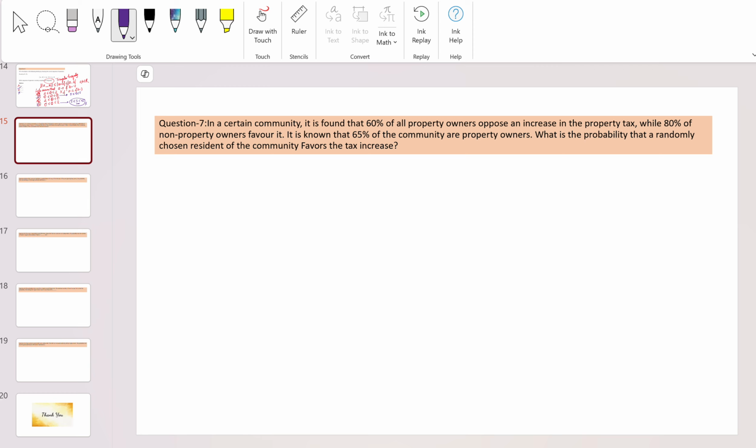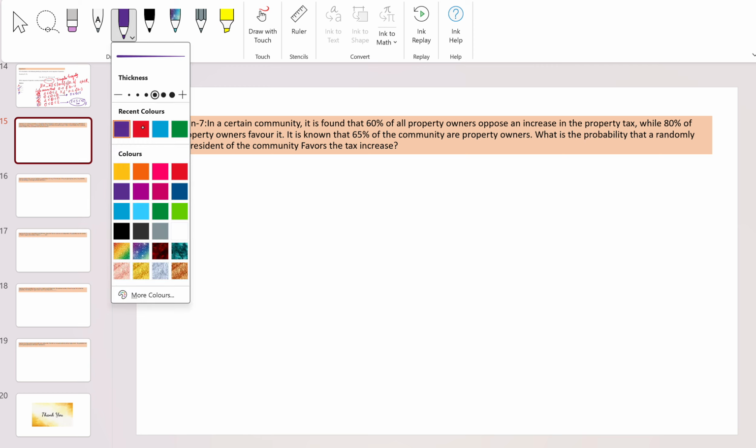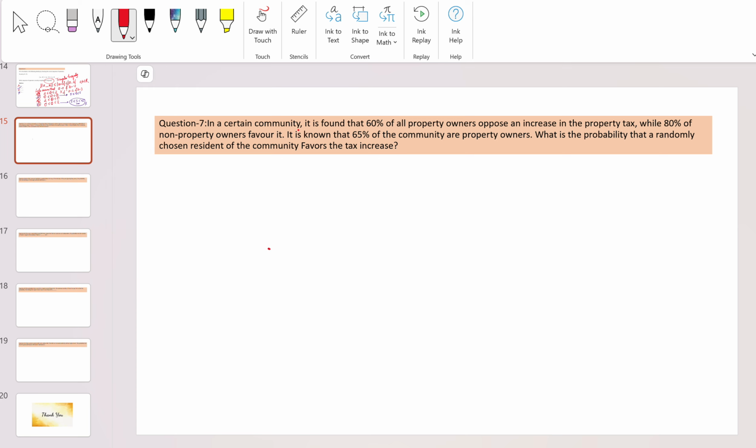So here in this question, if you read what it is saying, in a certain community it is found that 60% of all property owners oppose an increase in the property tax. It means that there is a community here, okay, and it is found that 60% of all property owners. So there are two categories there: first is property owners, second is non-property owners.